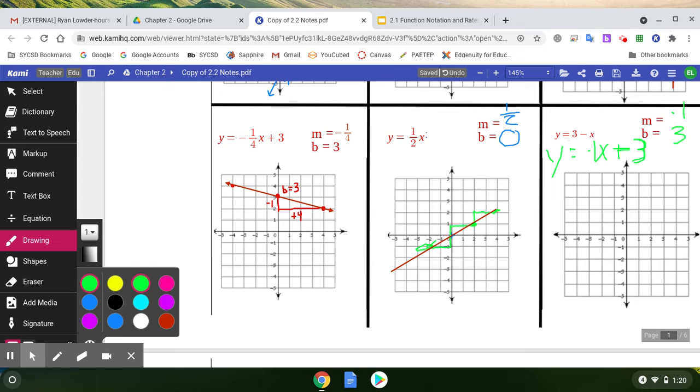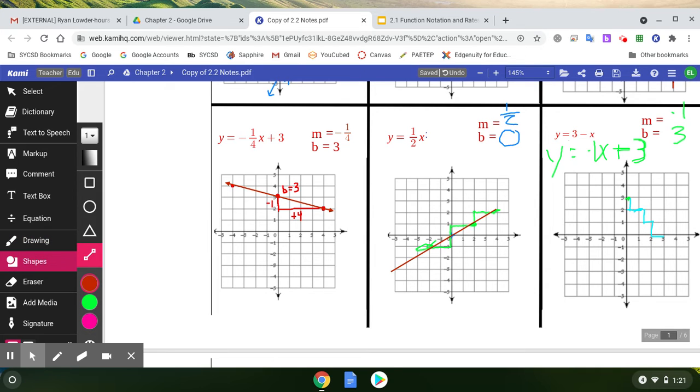So what that means, we start at a point of 3. And our rise is negative 1. So I'm going down 1 unit, but then over 1 unit. So my next point would be here. So down 1, over 1.